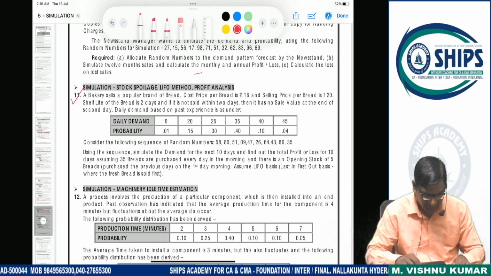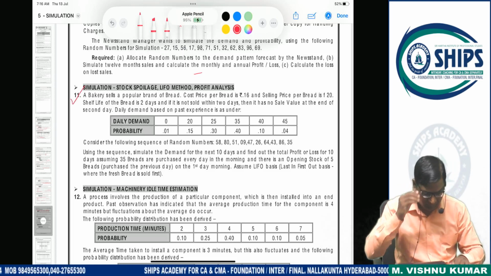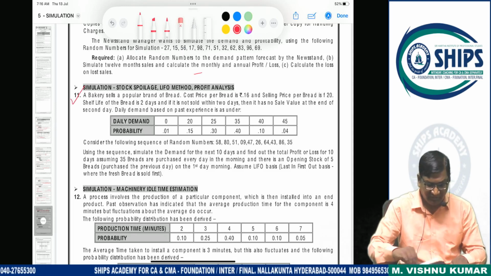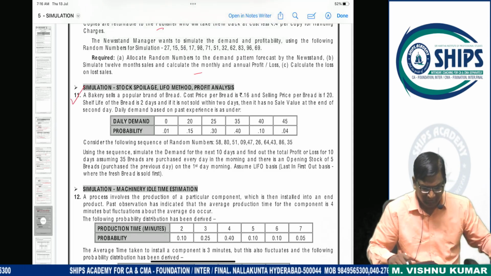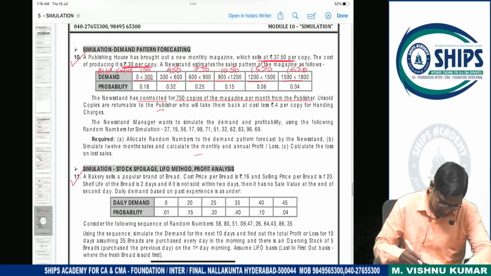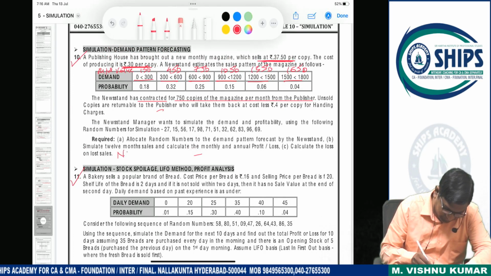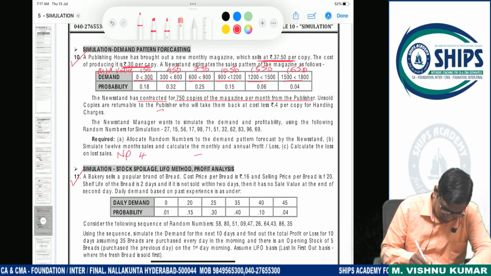Now question number 11. Okay, question number 11 we are starting. So online students who are attending the class, first question number 10 and net profit answer is 46,800.